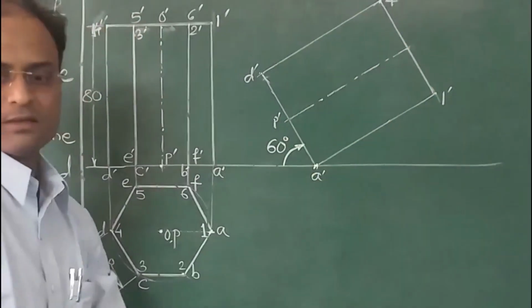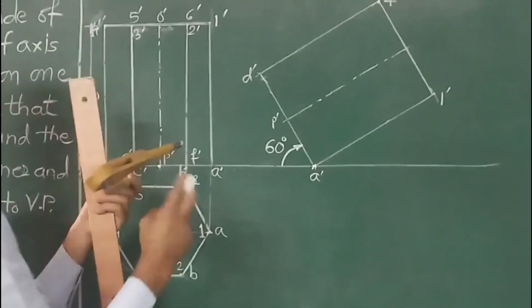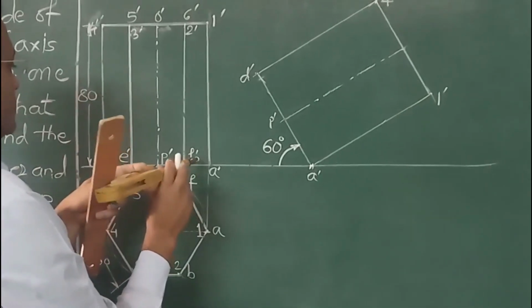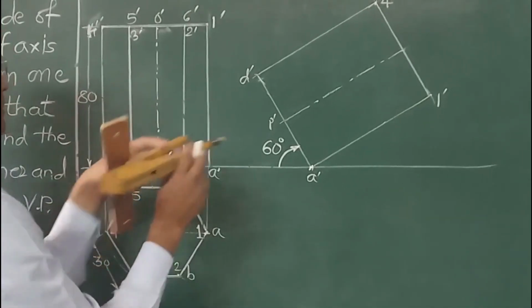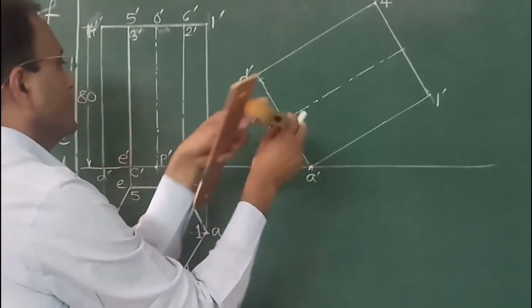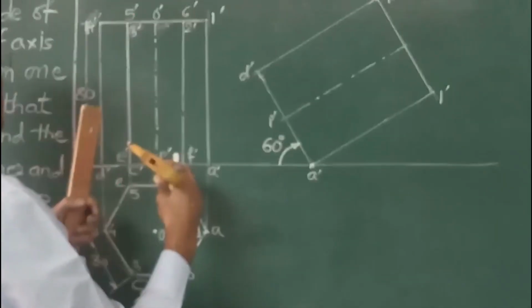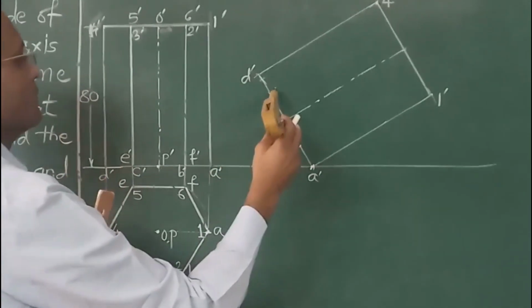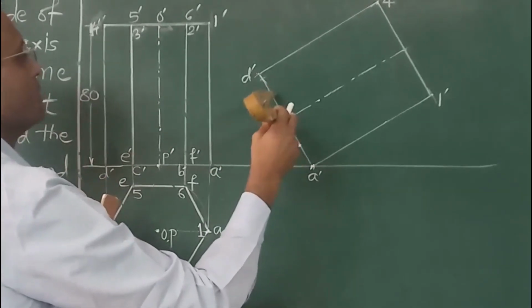So this is the axis, and now with respect to the axis I can draw or obtain these points. So this is B dash and C dash.